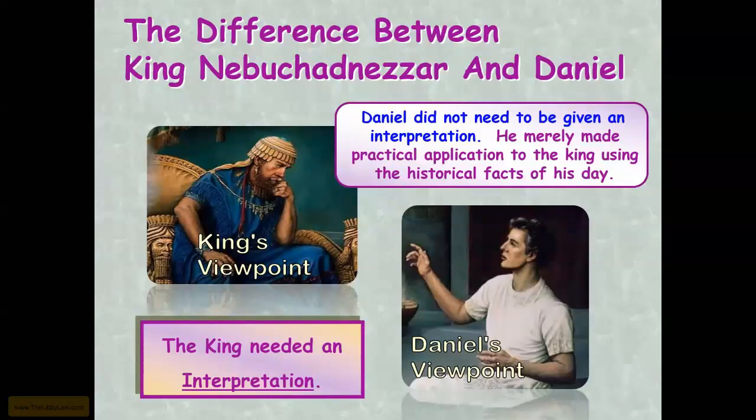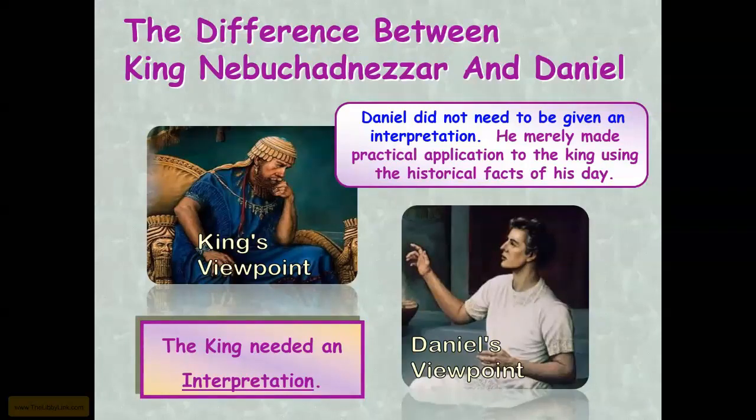Using the patterns of fulfilled prophecy from Ezekiel, he merely made practical application of a tree to yet another king, because it had already been done in Scripture before, as we've already shown. He did this by using the historical facts of his day. There was one difference, though.